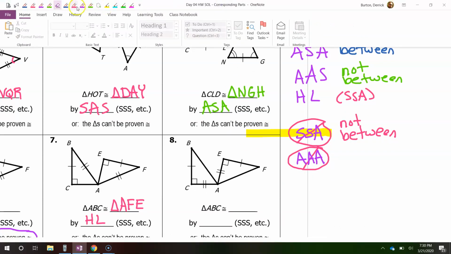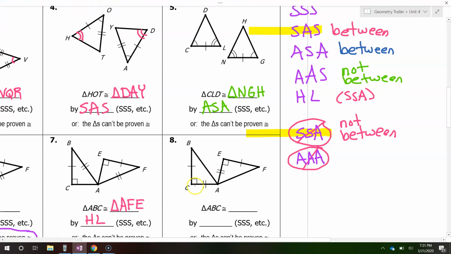Is the angle between the sides? Well, here's one marked side and here's the other marked side. Notice that they meet right here, and that is the angle that we have. So the angle is between the sides. So that makes this side-angle-side.